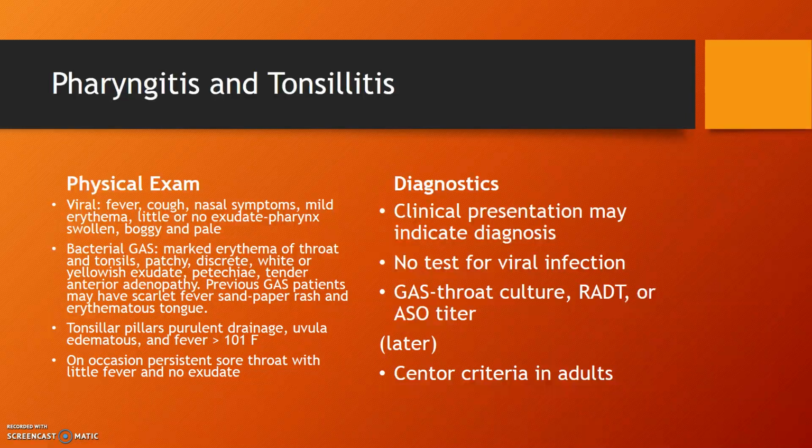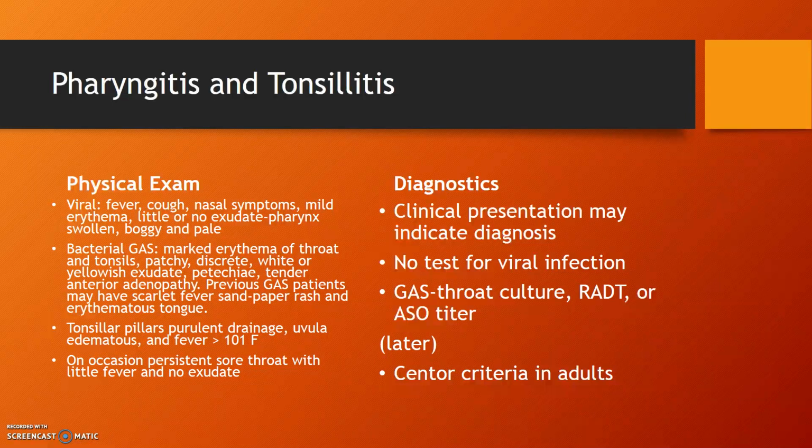There's really no test for viral infection. It's usually just a rule out in case you're not sure. For the GAS infection, throat culture, rapid strep, or an ASO titer can be used. Usually, if you're really suspicious, you can obtain both the rapid strep and the throat culture at the same time.